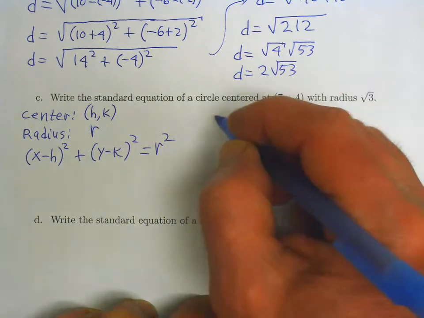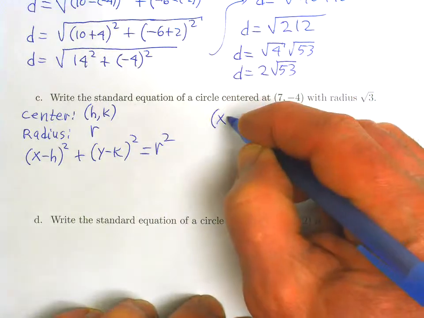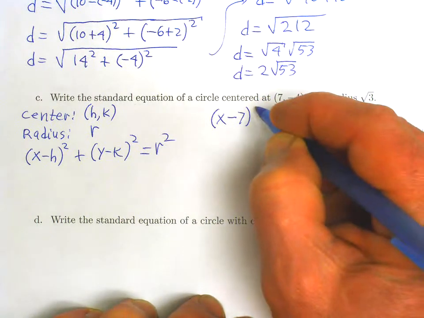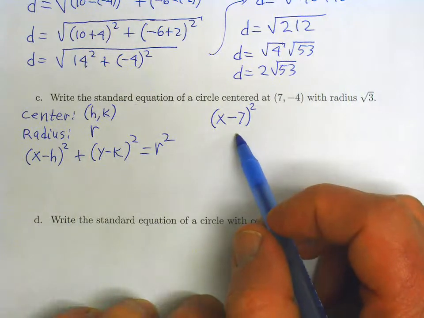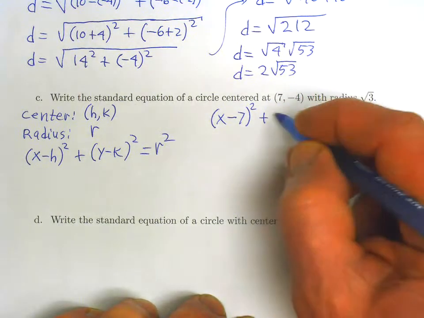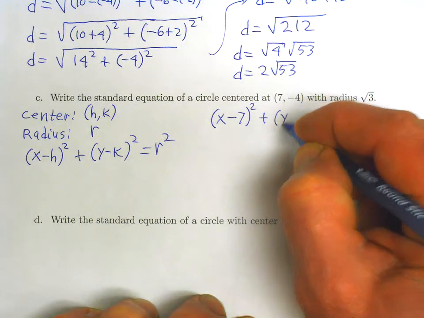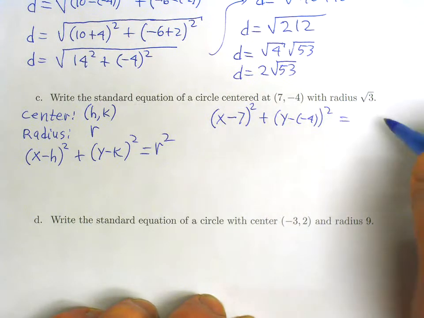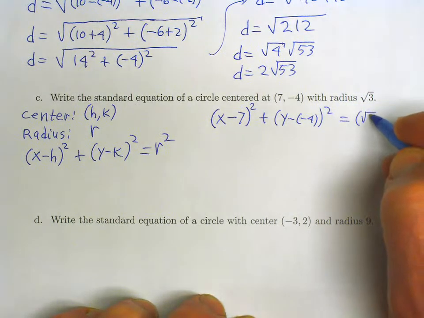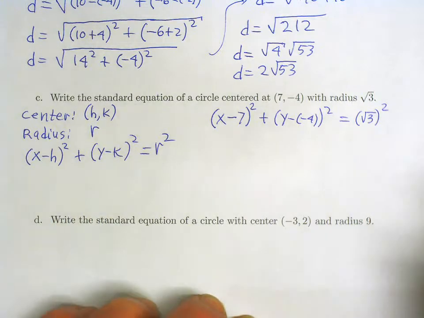The x coordinate is 7, so x minus 7 squared, square the binomial x minus 7, and then we add that to the binomial y minus negative 4 squared. And then the right-hand side, the square root of 3 squared, the radius squared.